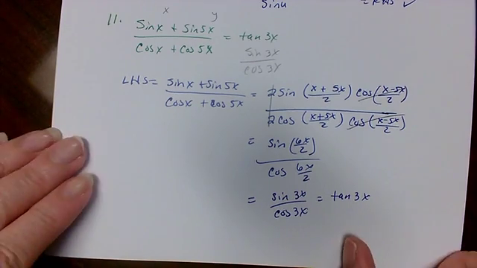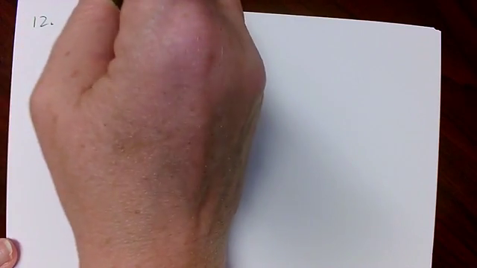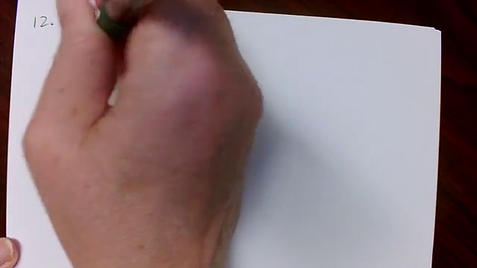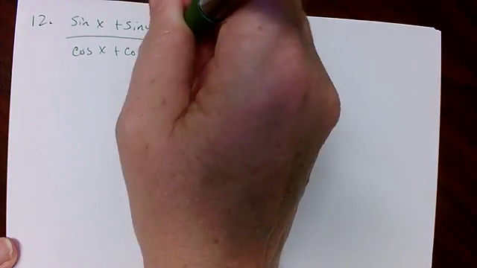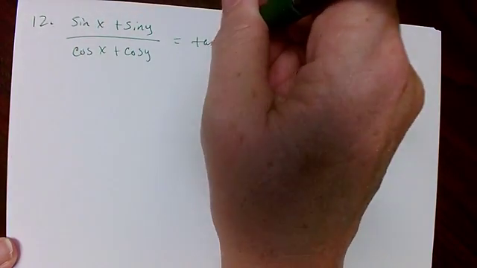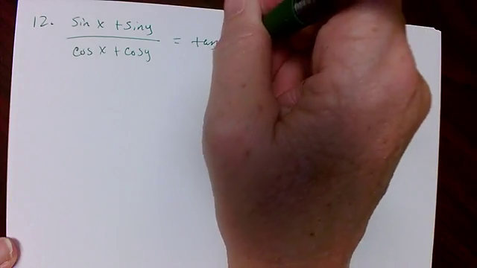The last identity that we're going to prove will be the sine of x plus the sine of y divided by the cosine of x plus the cosine of y equal to the tangent of x plus y over 2.